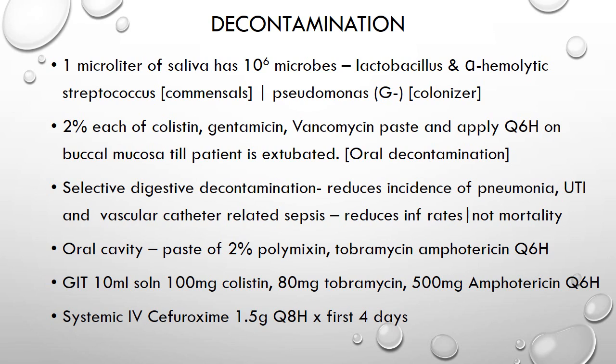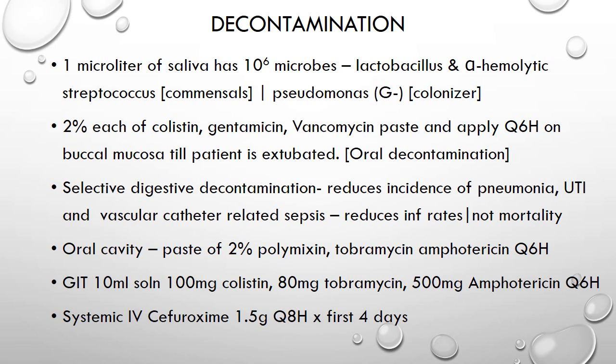But Pseudomonas, which is a gram-negative organism, can easily colonize the oral cavity when the patient has been intubated, or in cases of polytrauma, maxillofacial injuries, head injuries, etc. A method of oral decontamination is taking a 2% paste of colistin, gentamicin and vancomycin and applying it on the buccal mucosa every 6 hours till the patient is extubated, with the hope that there is less amount of microbe in the saliva, less chances of aspiration, less chances of pneumonia.